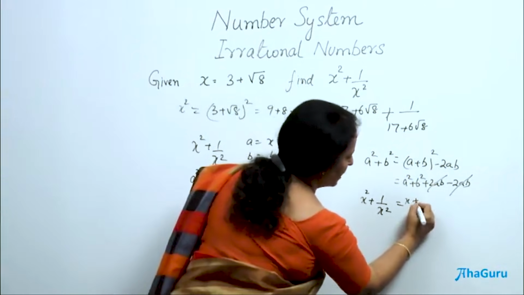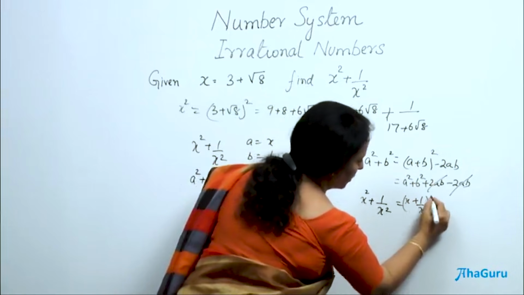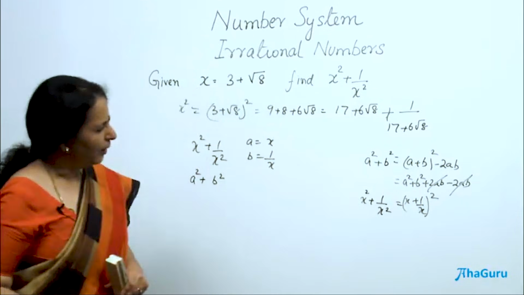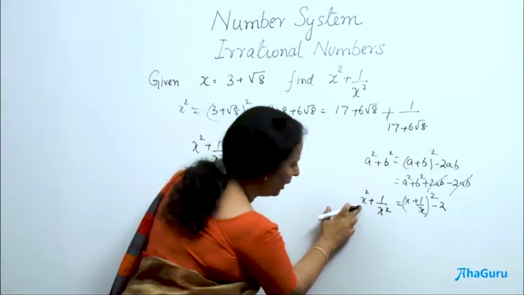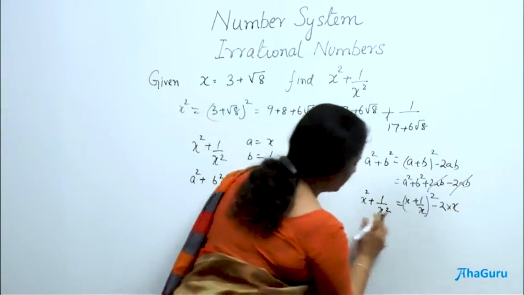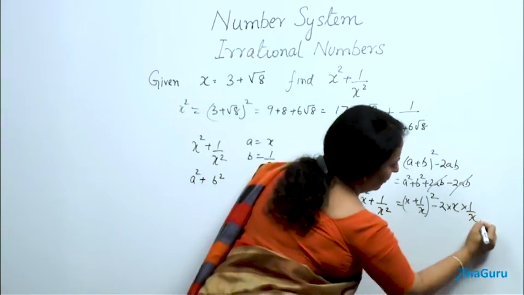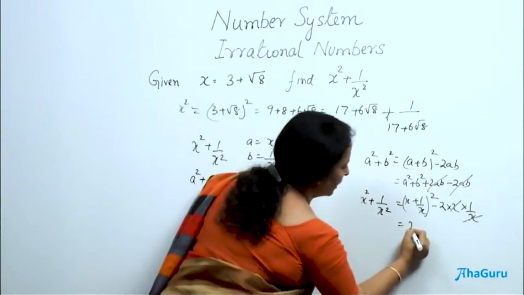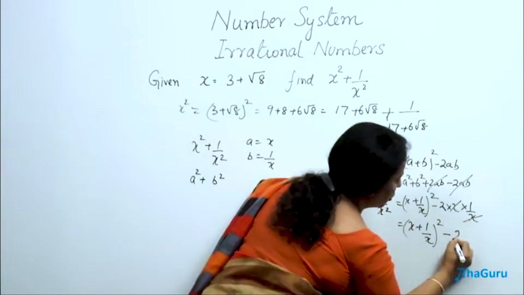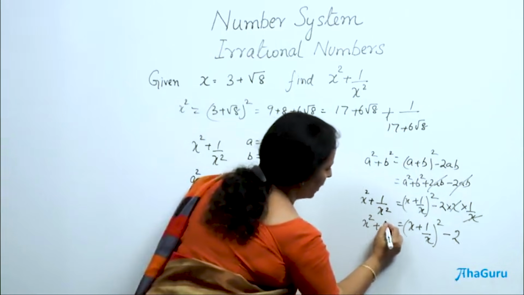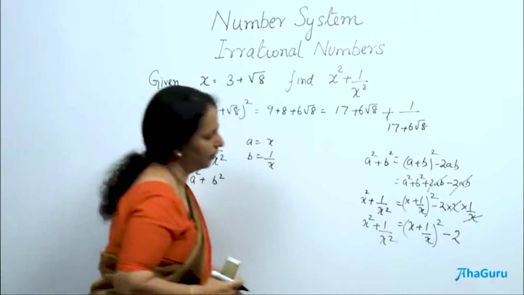So x plus 1 by x whole square. And what is 2ab? Minus 2. What is a? a is x. And what is b? 1 by x. These two get cancelled. So this is nothing but x plus 1 by x whole square minus 2. And that is x square plus 1 by x square.